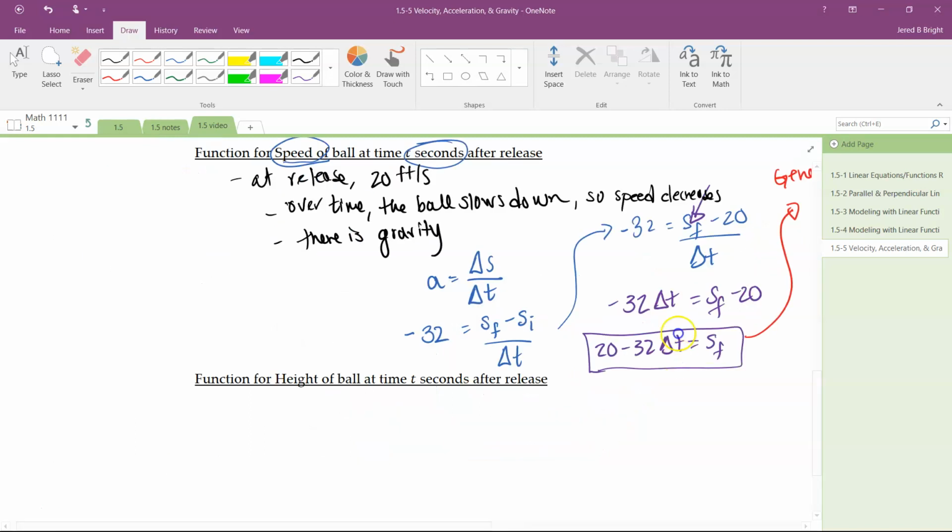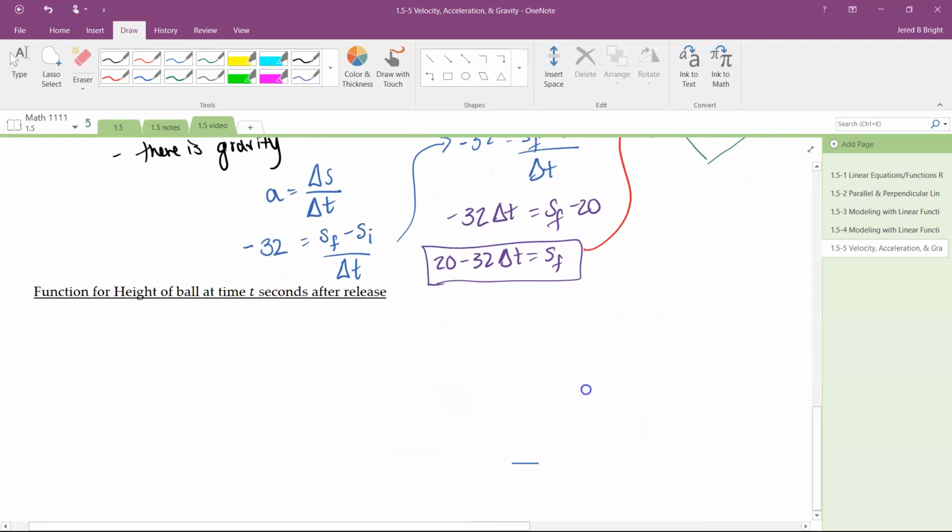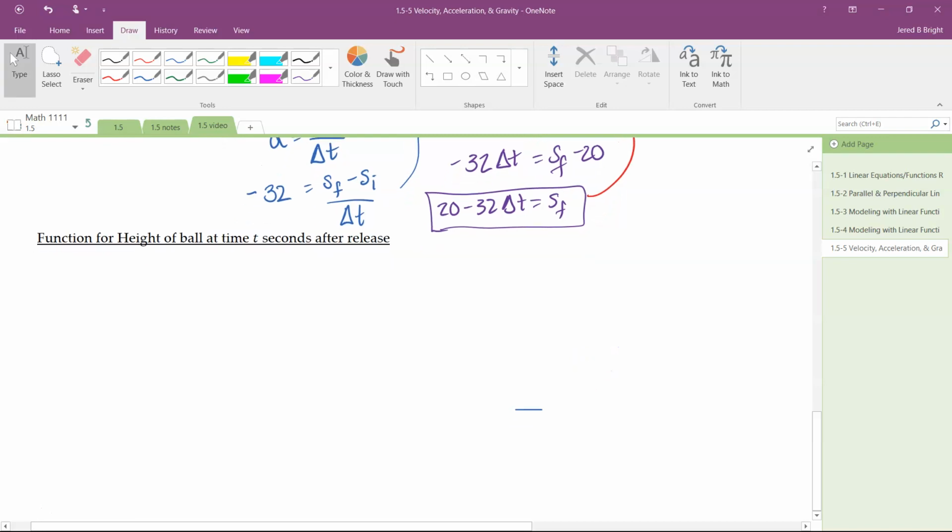For the second function, not going to worry too much about that right now. I'm just going to say for height, we can really think of that as displacement. If we wanted to use d for that, we could here. This is our final place in comparison to where we started, so final minus initial position, or height.